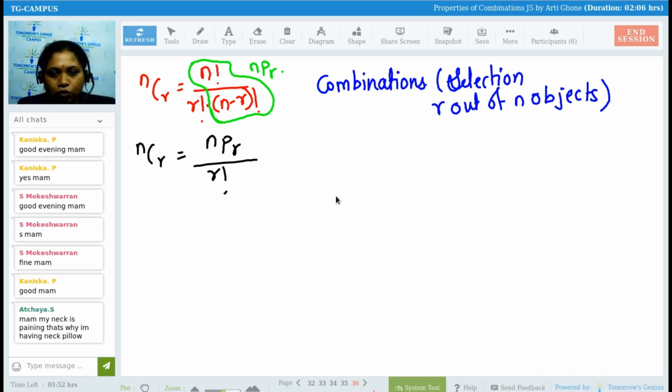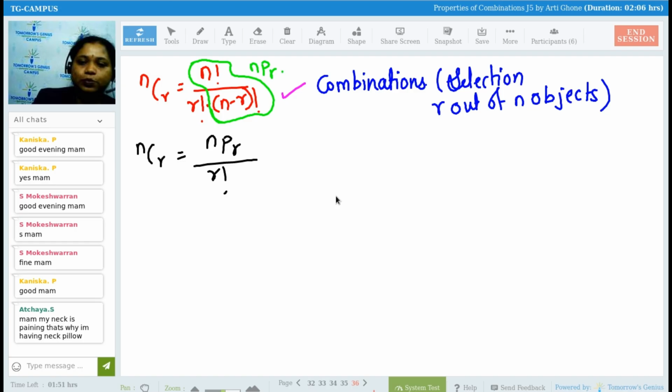Either you can go with nPr divided by r factorial, or it is simply n factorial upon r factorial into n minus r factorial. Now I am going to tell you a very shortcut method to solve combinations. We are always going to use this method. It is useful for us. We are not frequently using this method for permutation. Clear? Now, give me any value you want to calculate.